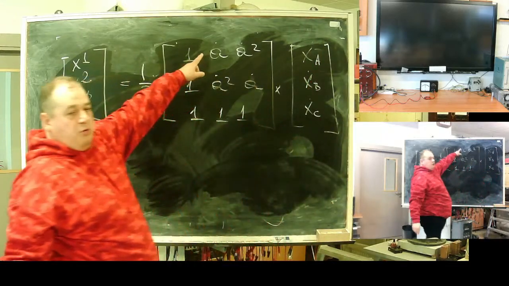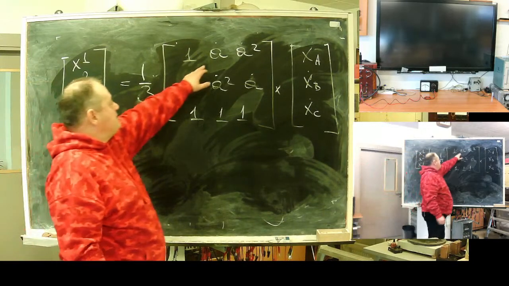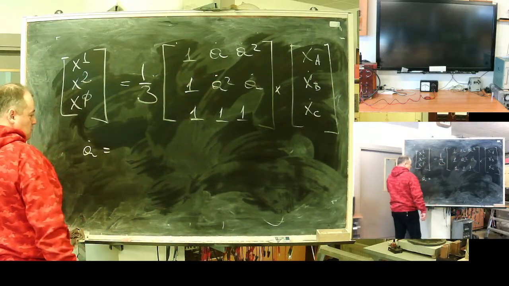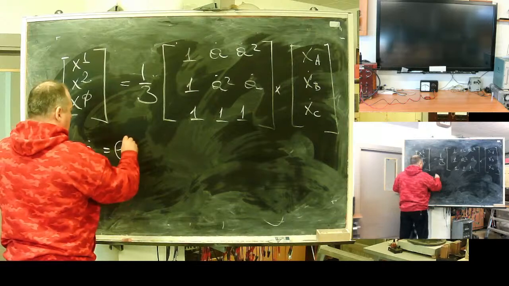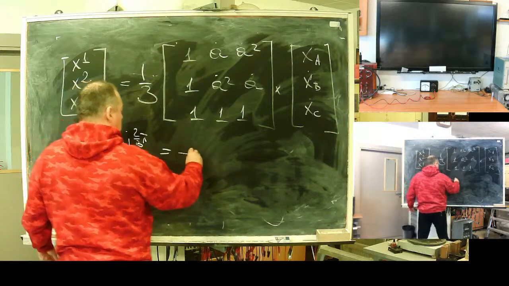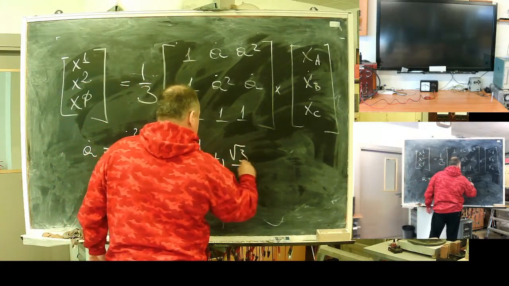Here the dots over values denote that they are complex, and a is a rotation operator. a equals e^(j2π/3), or minus 1/2 plus j times square root of 3 divided by 2.